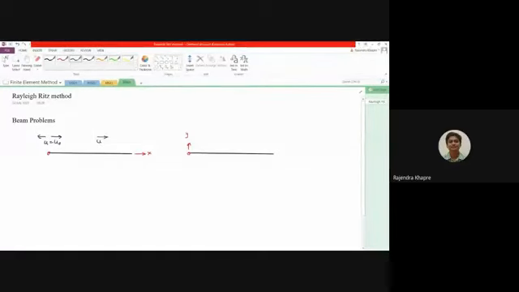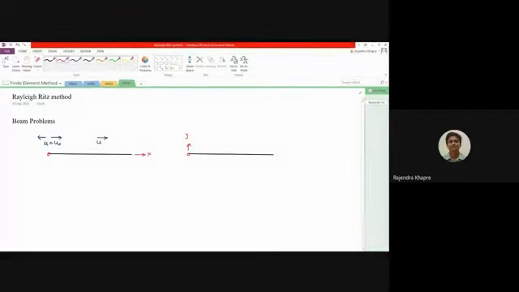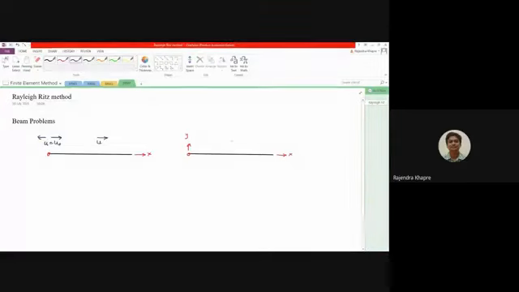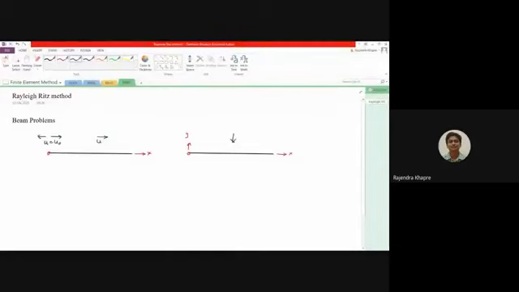It will never be perpendicular to the x-axis. But in case of beams, this is your x-axis, and the deformation will always be perpendicular to the x-axis, isn't it? So either it can be in this direction or it can be even in this direction. So this is the meaning of this.